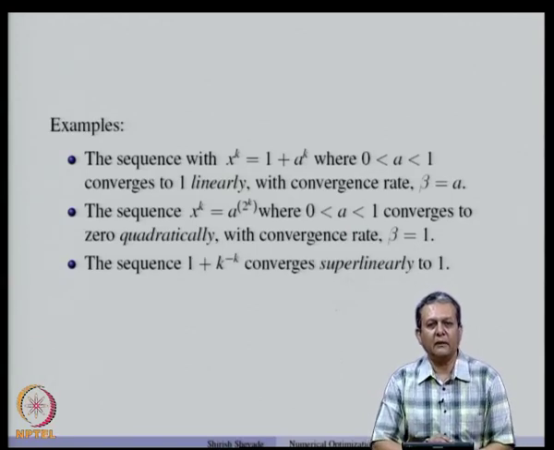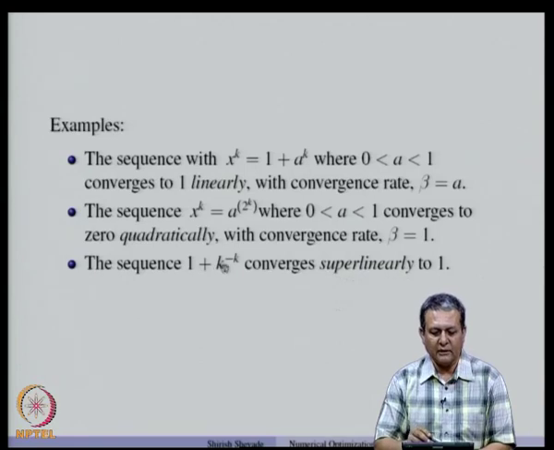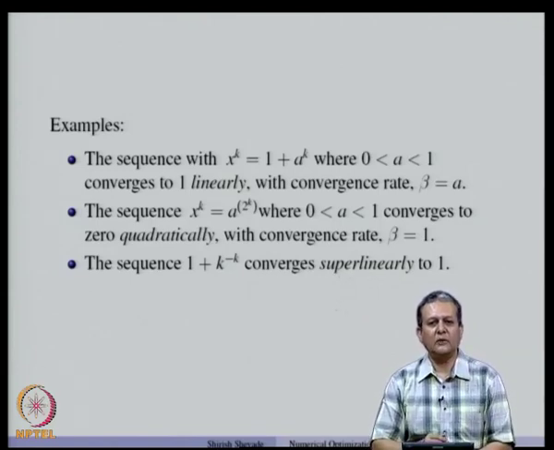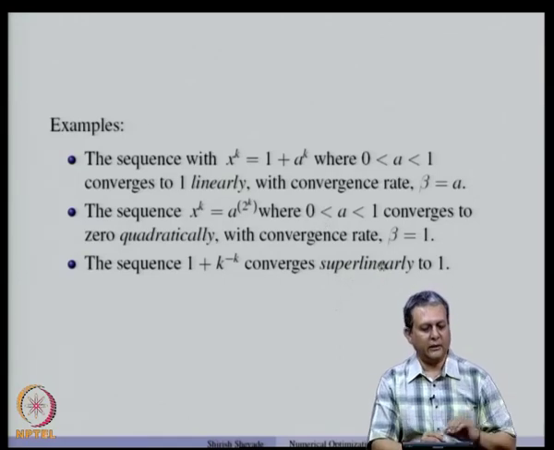One can verify that the sequence 1 plus k to the power minus k converges superlinearly to 1. So, these are some examples of sequences generated by different algorithms, where in the first case the convergence was linear, in the second case quadratic, and in the third case superlinear.